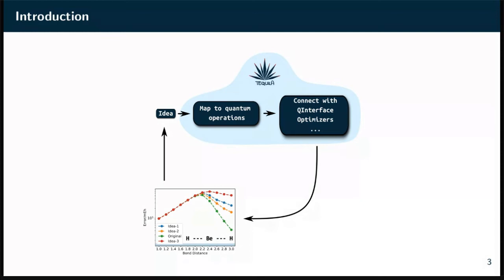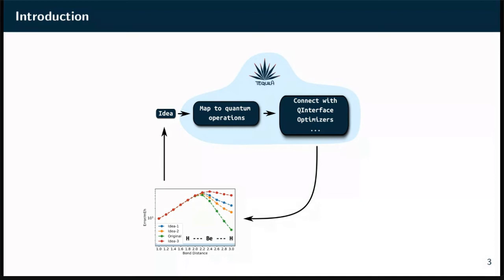Let's say you have some idea in quantum chemistry, you take one method which already exists, and then you think about, for example, how could I simplify those operators so that they, for example, use fewer gates in the quantum computer, or how could I replace them with other operators which probably have other properties.